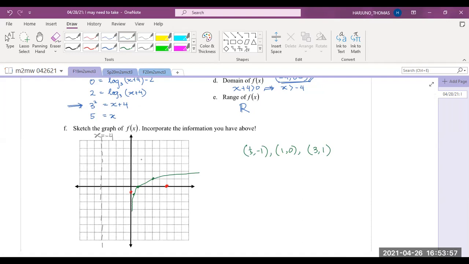We will move 4 units to the left and then 2 units down. So this will be the new coordinate for this. This guy, 4 to the left, 2 units down, will be here. This guy, 4 to the left, 2 units down. While this guy here, 4 to the left, 2 units down.